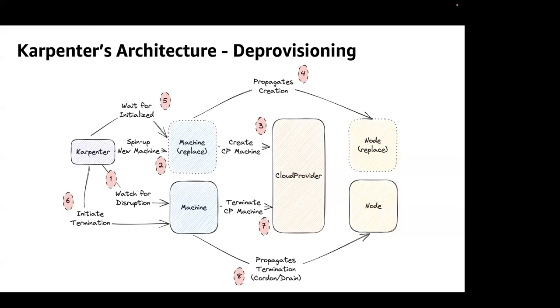And similarly, you may have a node that's drifted, and the node that's launched is smaller than the previous node, or potentially even owned by a different provisioner. So the dynamism of the launch decision is included in these deprovisioning decisions as well.